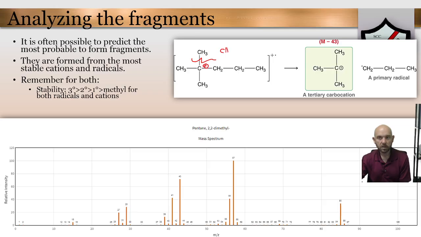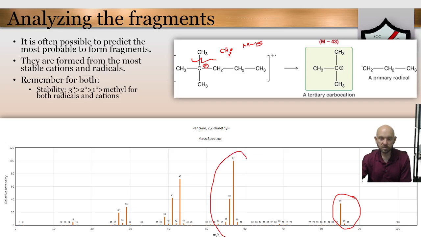And the methyl radical, remember from the previous slide, has a mass of 15. So we would expect a large peak at m minus 15, and we do see a decently large peak at m minus 15.